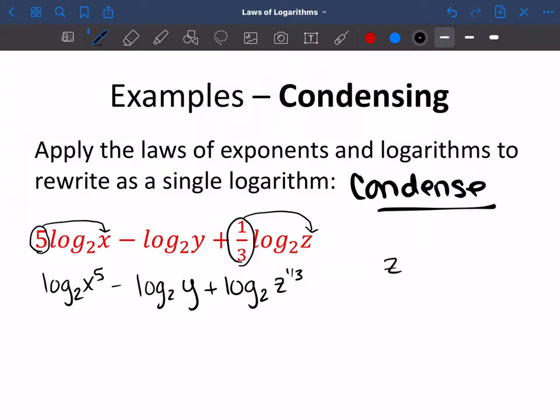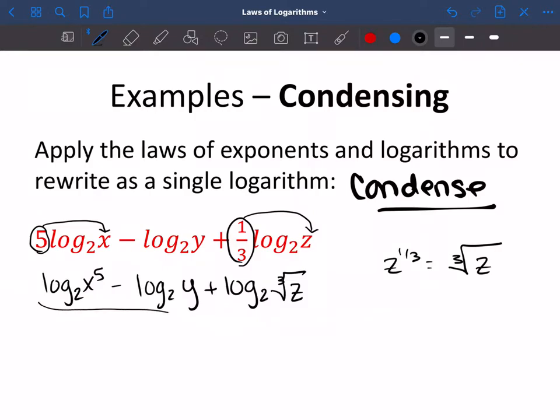Now remember, z to the 1/3 is the same as writing the cube root of z. So I'm going to just fix that. And let's write that as the cube root of z.